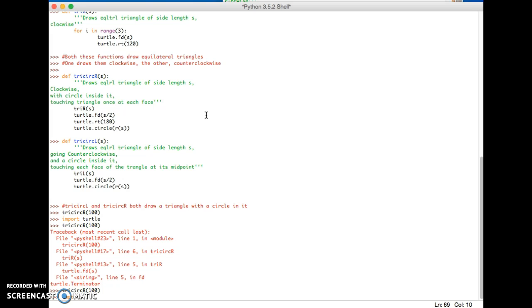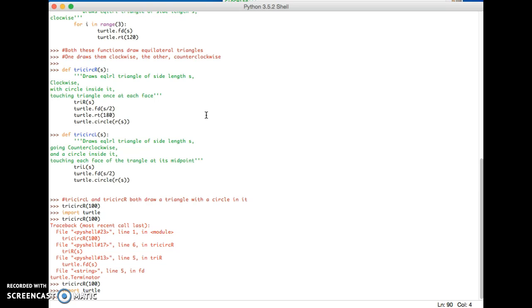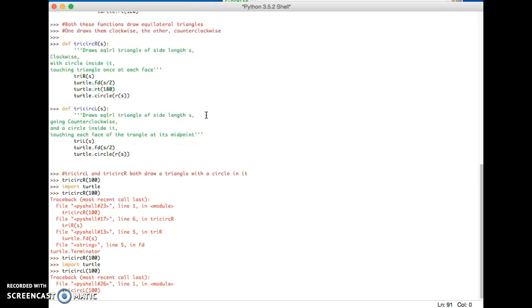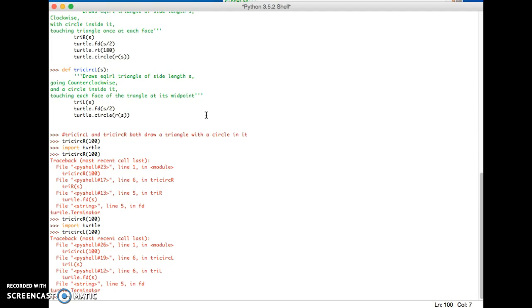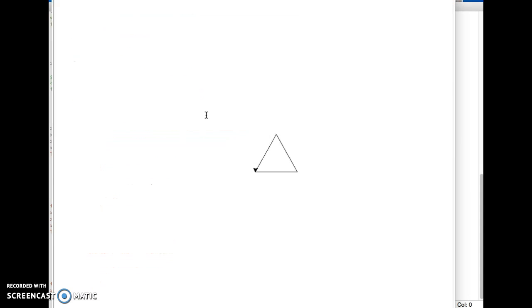We gotta import turtle again. And see, the difference is that time it drew it counterclockwise.